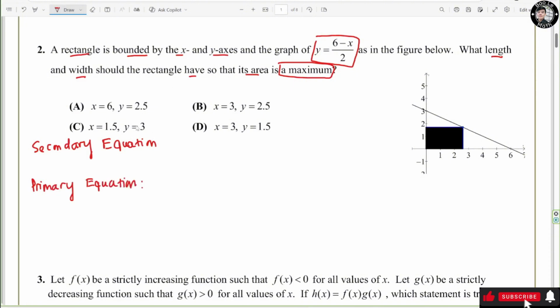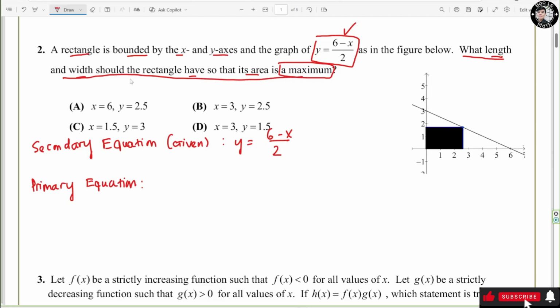Now the secondary equation is what's given. Alright, so given is right here, right? It's going to be y equals 6 minus x over 2. The primary equation is what the question asks you to find, right?